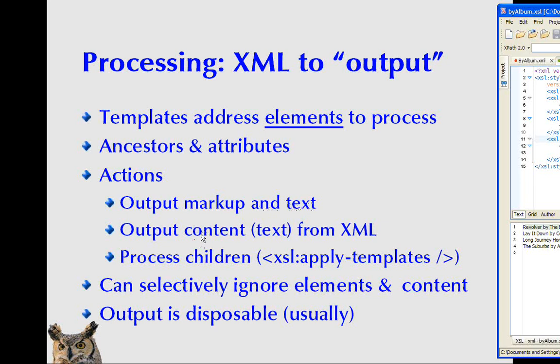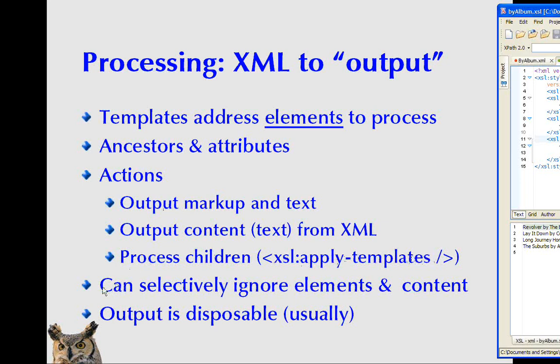And then, depending on the child elements of the current element, or the child nodes, we might output some content from the XML. So there might be text within the current element, and we might want to output that. Or if there are child elements, we may want to process those child elements. And of course, that's where we use apply templates to say, take the current set of elements and go find templates that match these elements.